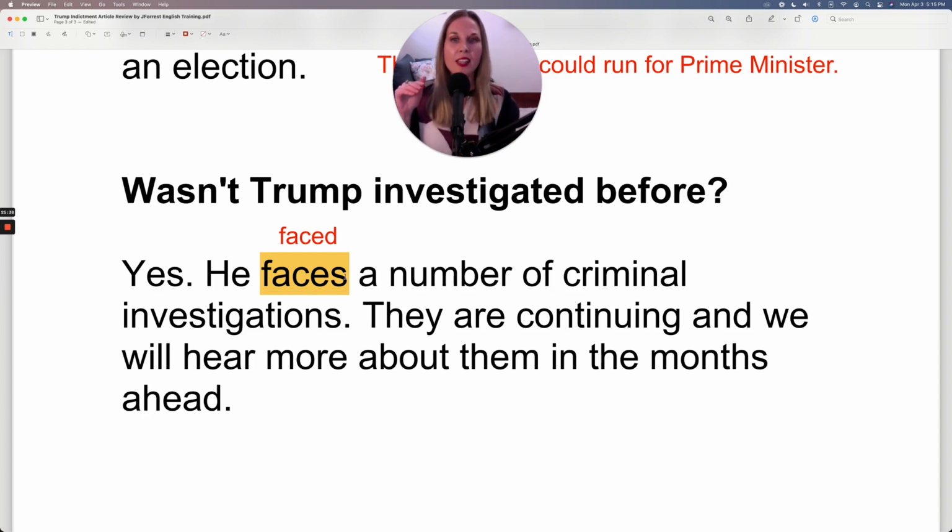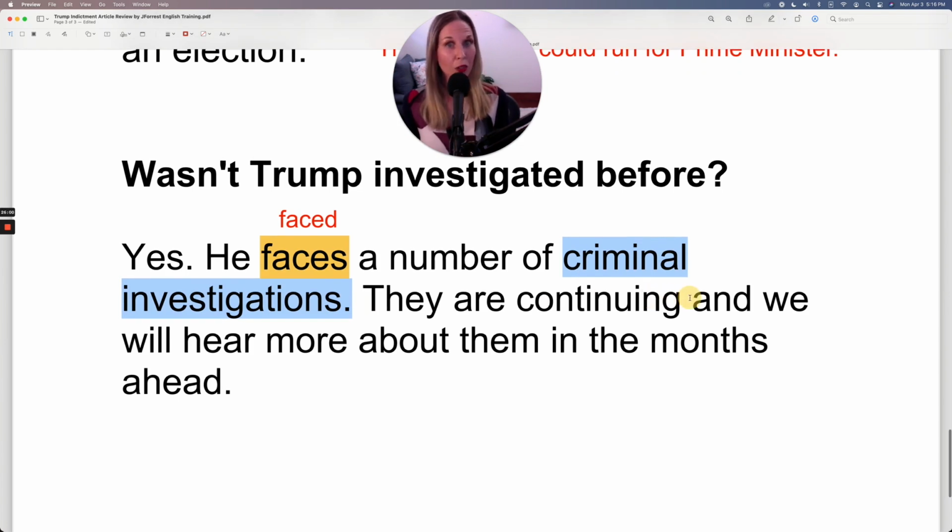But because they used it in the present simple, it means he could still get in trouble for these other criminal investigations. So it's not just this one issue. There's the possibility, theoretically, he could be indicted for other issues as well, because he faces a number of criminal investigations. They are continuing, and we will hear more about them in the months ahead.